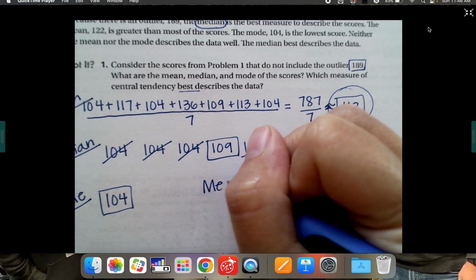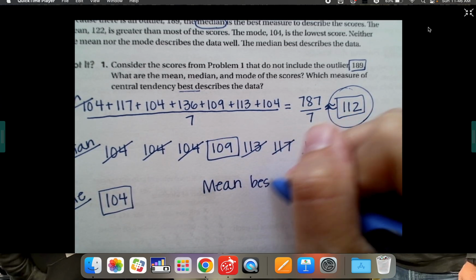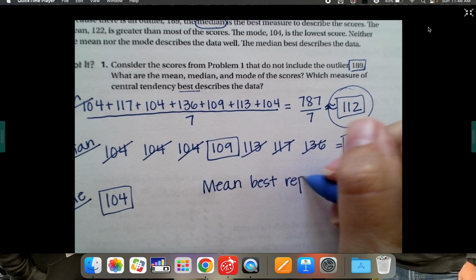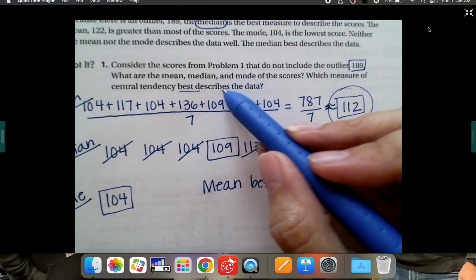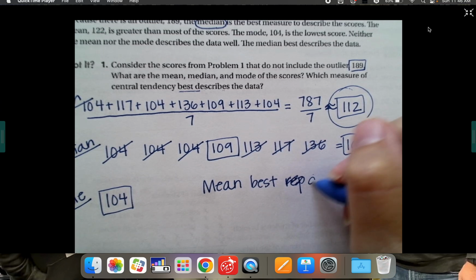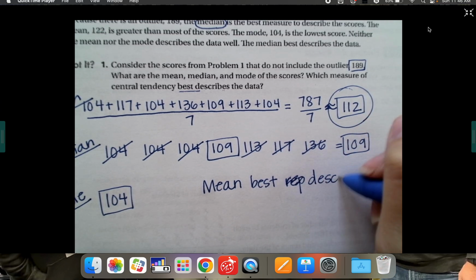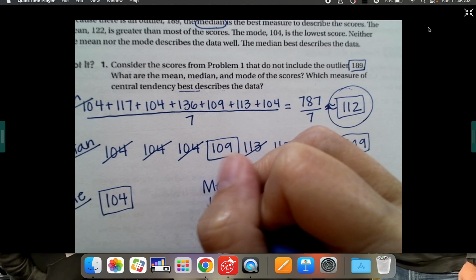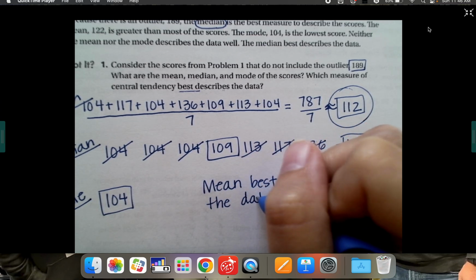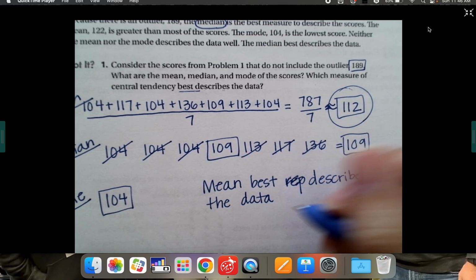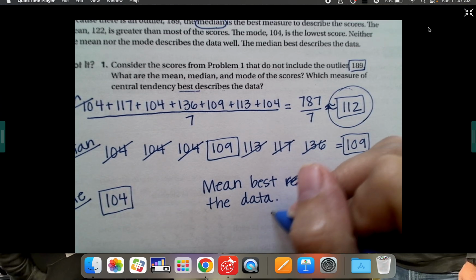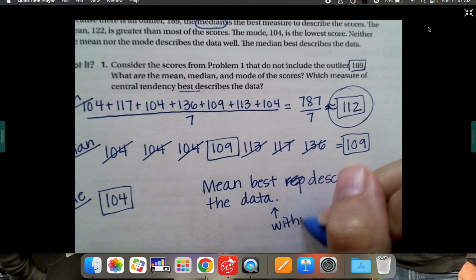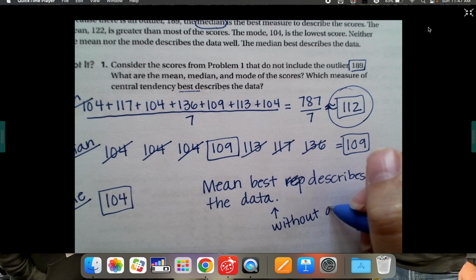So the mean best represents, or describes, I guess. They said describes. So the mean best describes the data. And that's really because it's without an outlier. I'm even going to put that just because it's your notes, without an outlier.